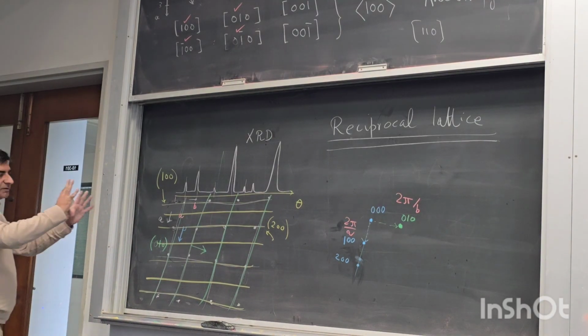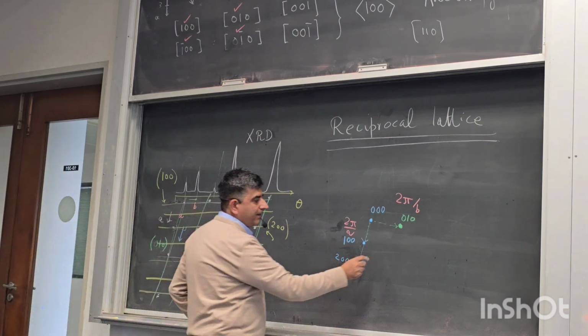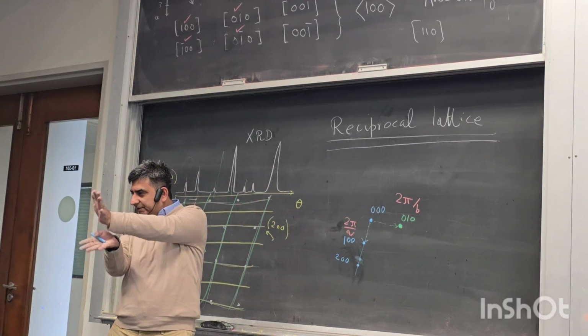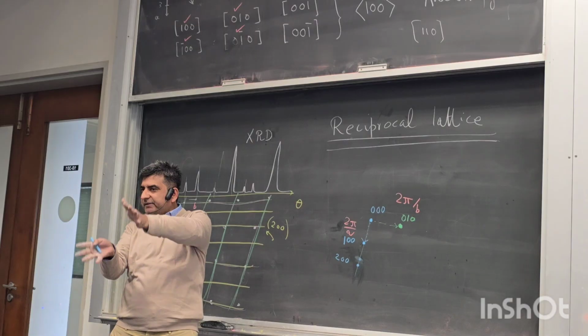Likewise, this reciprocal space can be constructed in 2D, right? You have defined the orientation of the reciprocal lattice basis vectors.